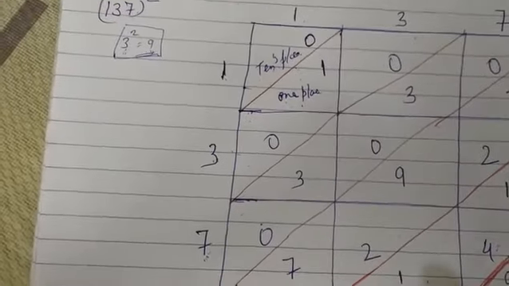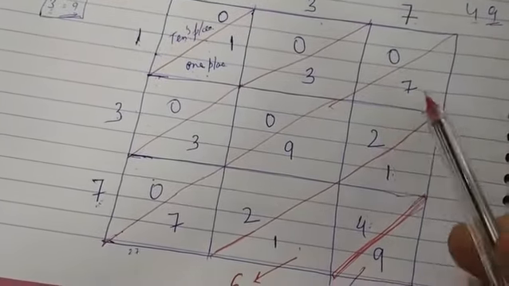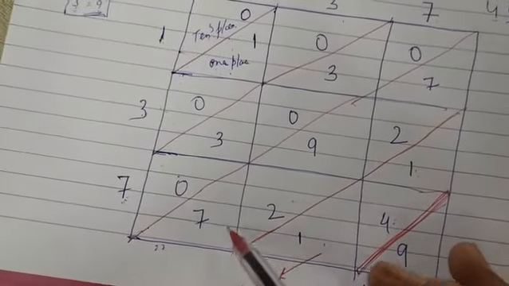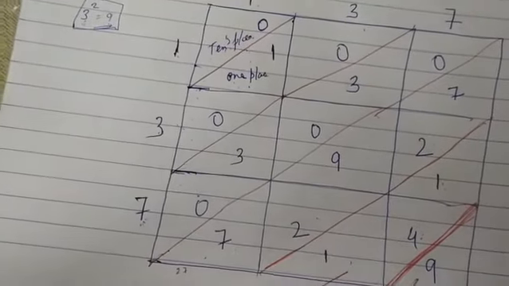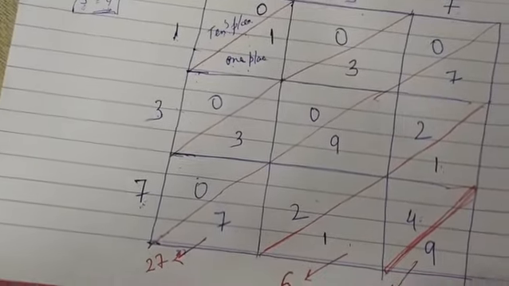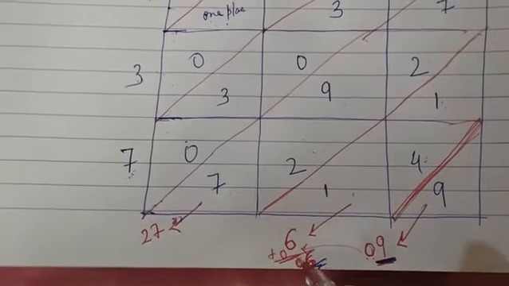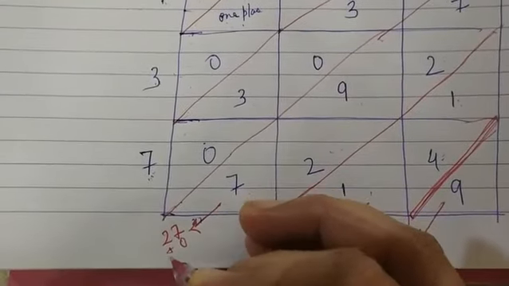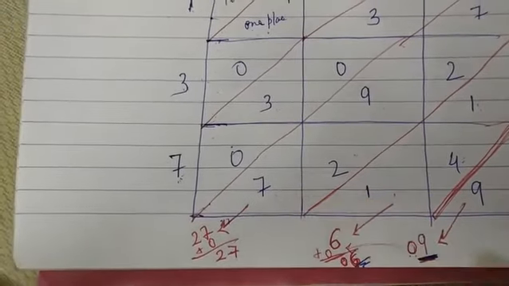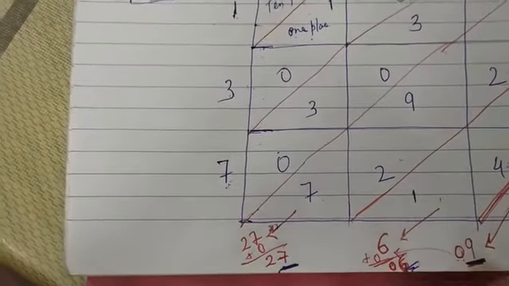Now next, the third diagonal: 7 plus 2, 9. 9 plus 9, 18. 18 plus 2, 20. 20 plus 7, 27. So here the number is 27, so we underline 7 and carry over the tens place, 2, to the next diagonal.